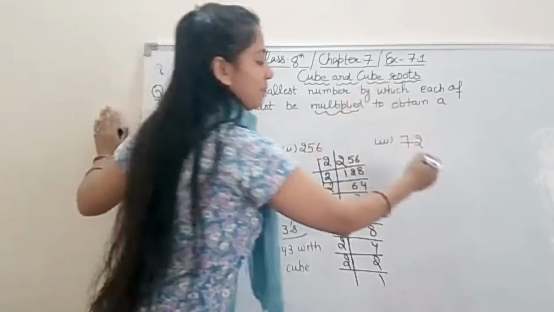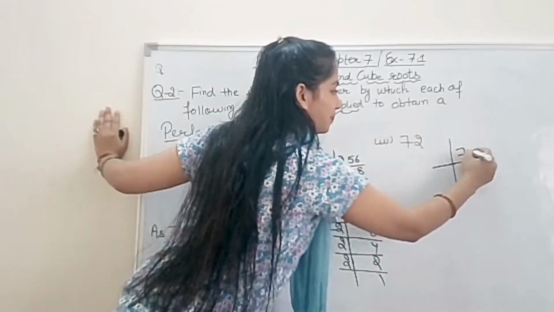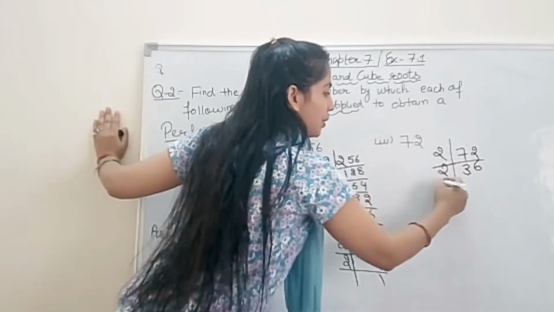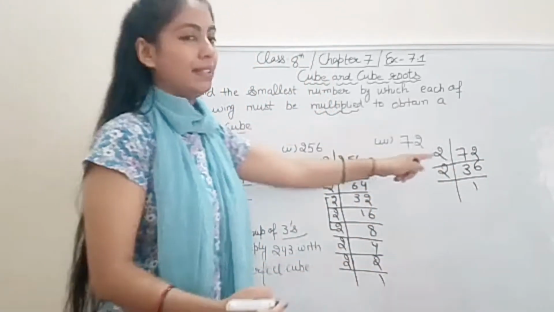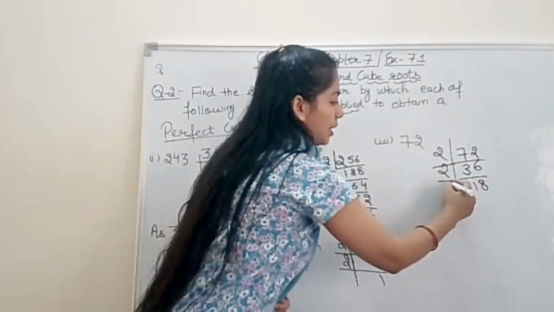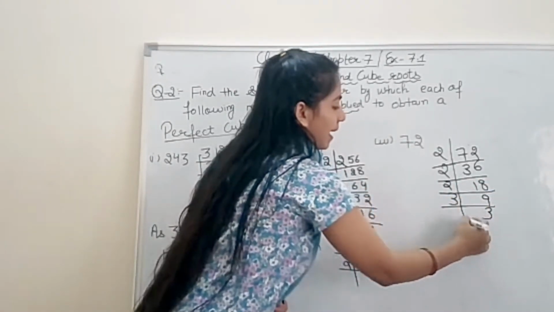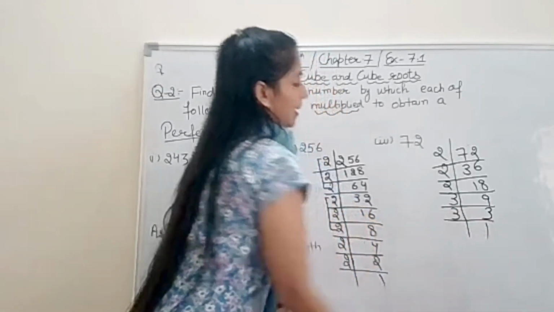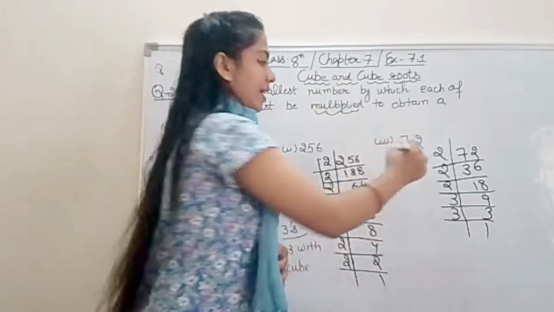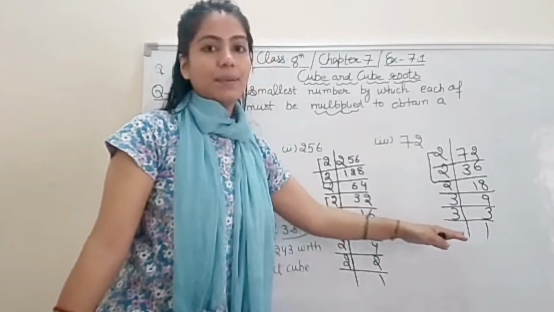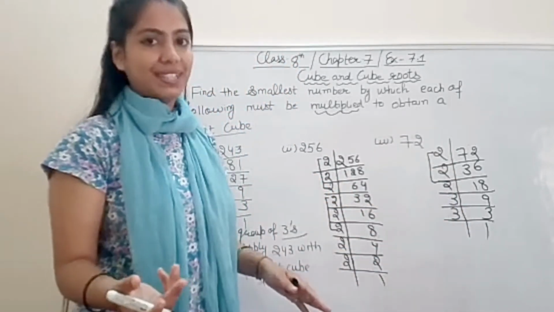So now coming to the third part, 72, student. 2 threes are 6, 2 sixes are 12, 2 ones are 2, then 2 eights are 16, 2 nines are 18, then it will go with 3, 3 threes are 9, and then 3 ones are 3. What you can see is that the group of 3 for 3 is not there, the group for 2 is there, 3 is less, one number is less in the group of 3, right?